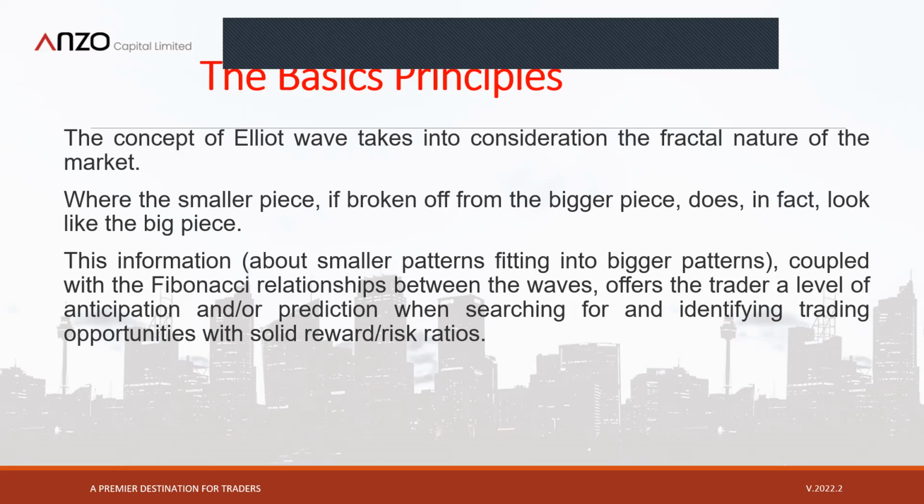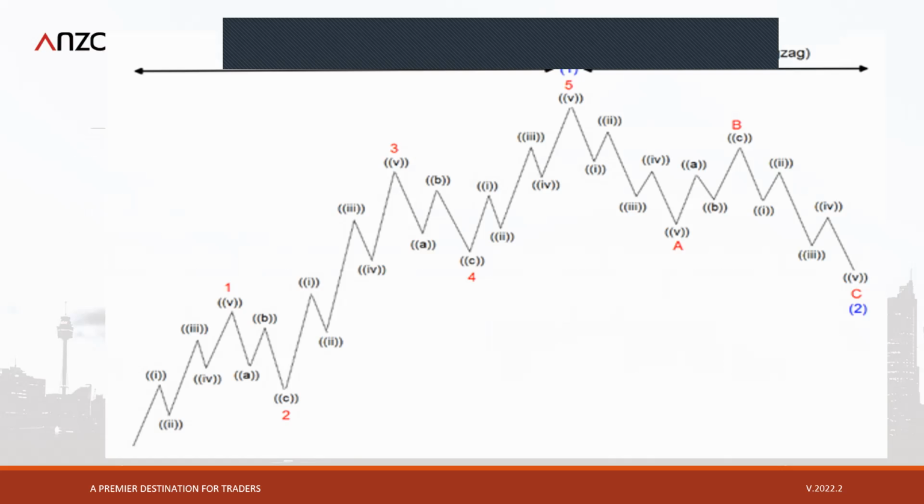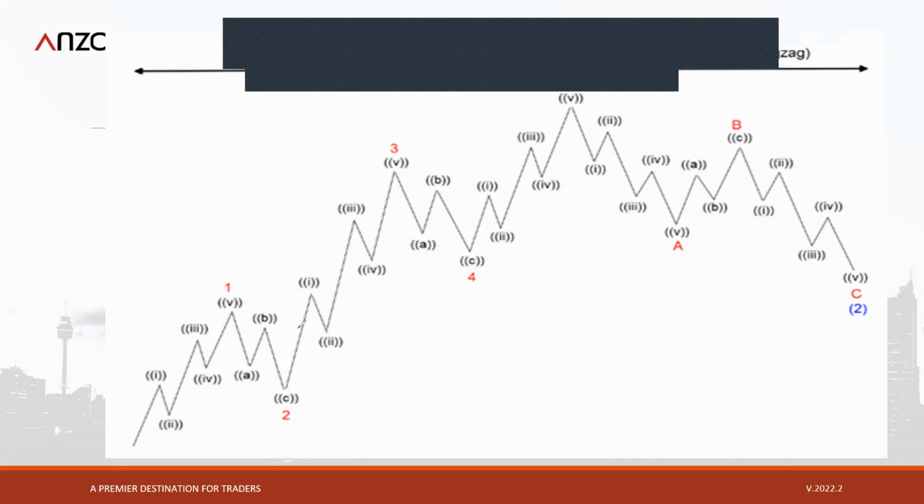That means the first impulsive wave, so the wave 1 in itself, can be its own complete Elliott wave, where it has a wave 1, 2, 3, 4, 5, and a corrective wave 1, 2, 3, or ABC, to then continue upward. So this illustration here depicts that. If you look at this, right, this is a wave 1.